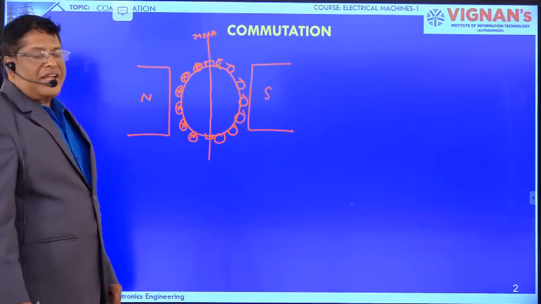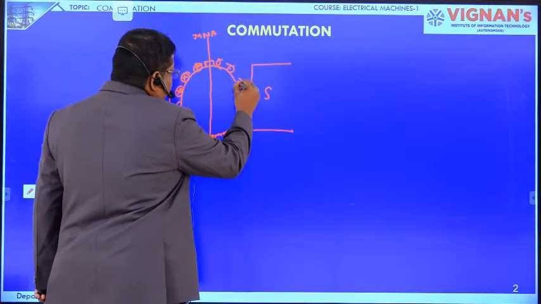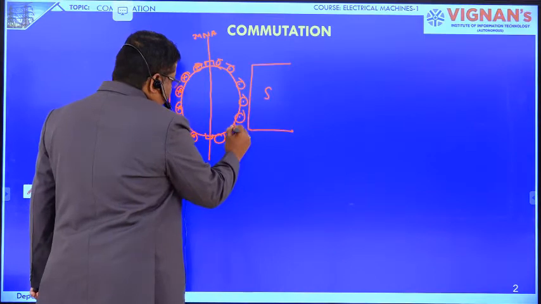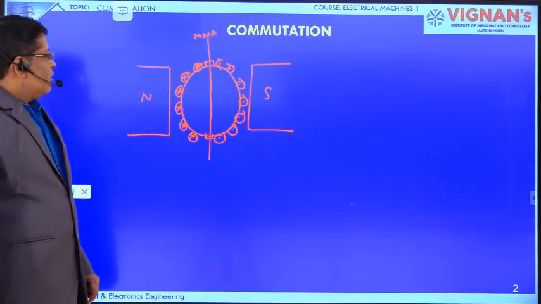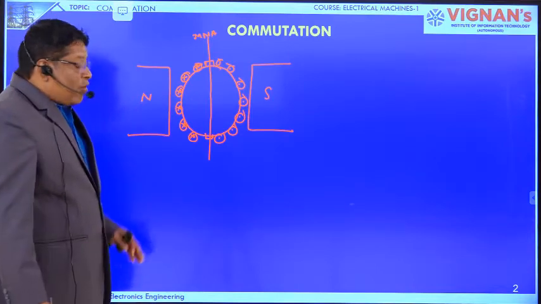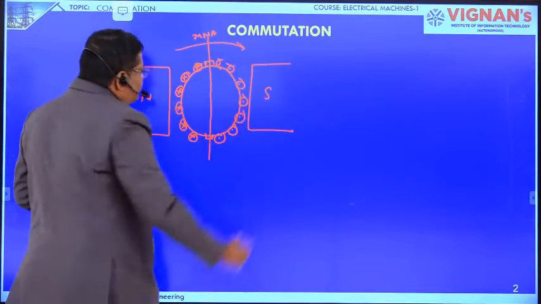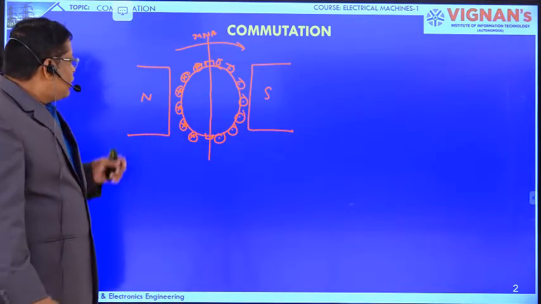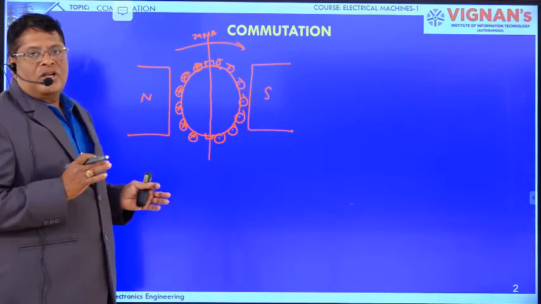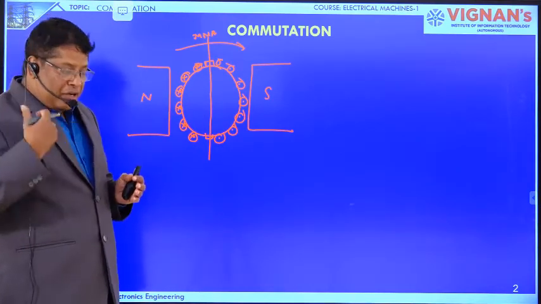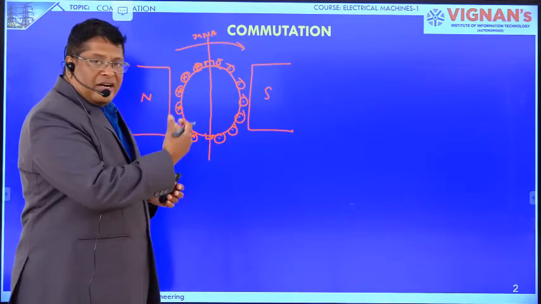The conductors lying under the south pole carry current outwards, which we represent as a dot. Now here we have given the mechanical input to this generator in this direction. The conductors under the north pole carry current inwards, whereas the conductors under the south pole carry current outwards.